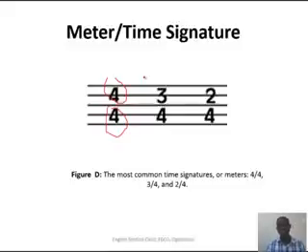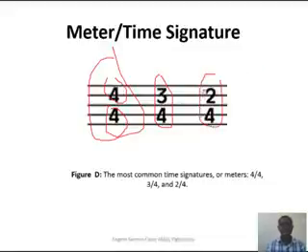So in this example, as you can see in the slide, with 4/4 time signature, there will be 4 beats in each bar, and in 3/4 there will be 3 beats in each bar, while in 2/4 time signature there will be 2 beats in each bar. So the number at the top is always telling you how many beats you have in a bar.